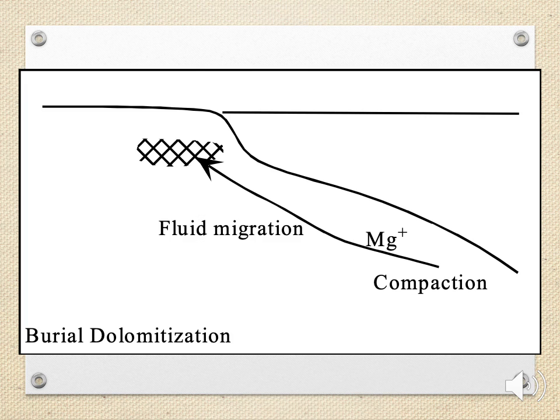So if you look at this schematic, you will see that throughout diagenesis, sediments are being buried. As the sediments get buried, magnesium fluids get pushed up and migrated, and they go in and fit in where they can in the lattice of limestone, and then that limestone converts to dolostone.